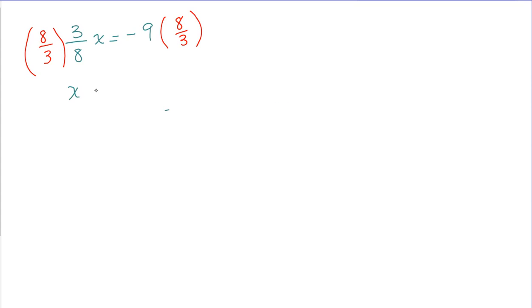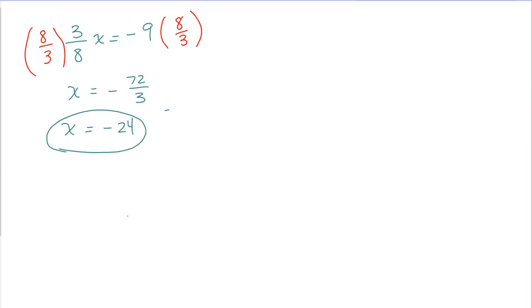We're left with x over here. -9 times 8 is -72 over 3. And 72 divided by 3 is -24. So x equals -24. And all we did there was multiply by the reciprocal.